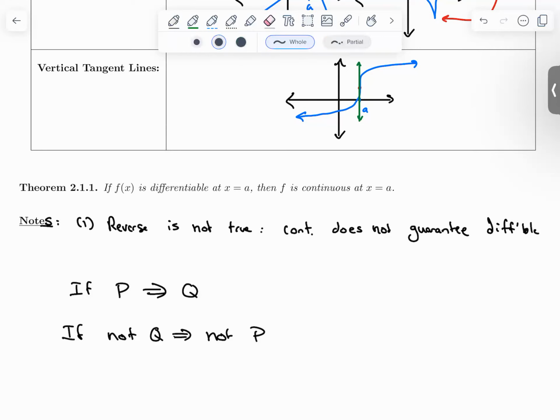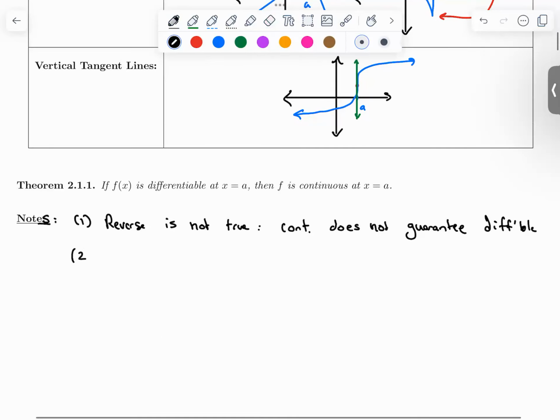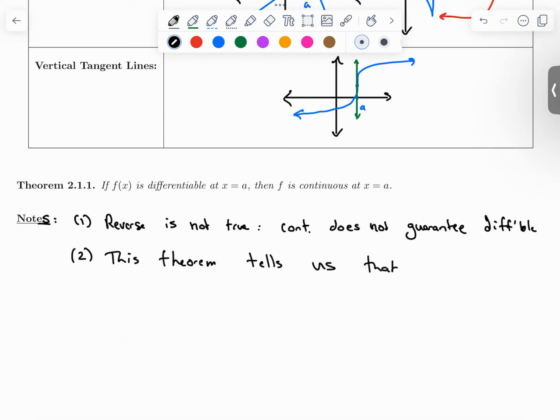So in the context of mathematics here, this theorem tells us that if not continuous, then not differentiable. That would be the contrapositive of that statement. The original statement is if P, differentiable, then Q, continuous.